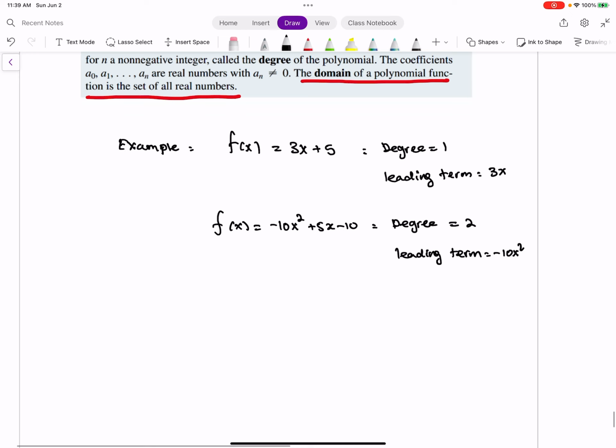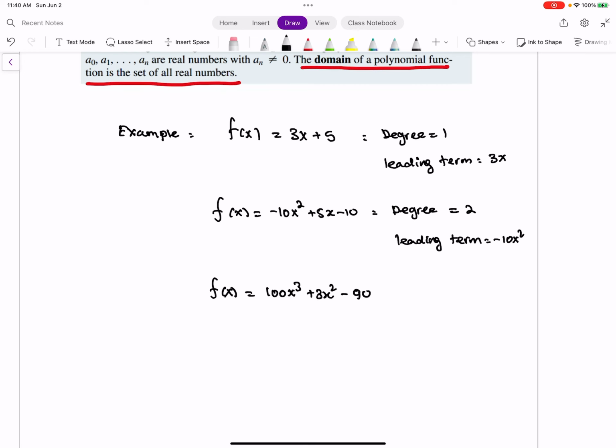And you can keep going. For example, f of x is equal to 100x cubed plus 3x squared minus 90. This is also a polynomial function because it satisfies the definition, right? All the degrees must be non-negative.